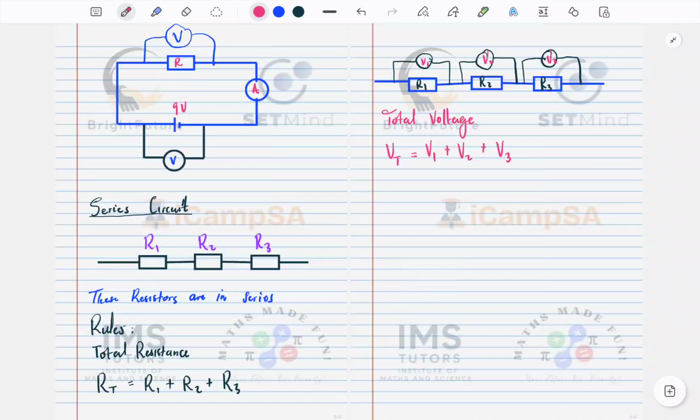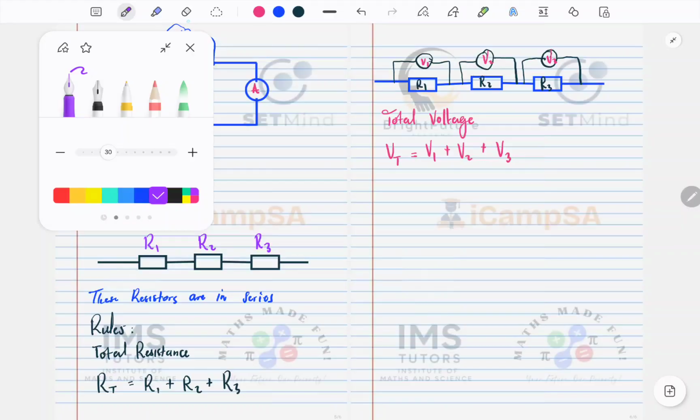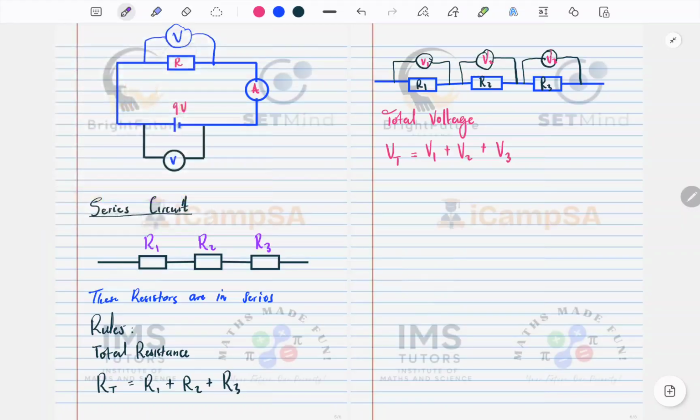Okay, and then we have something called current. So now, how do we then represent our current in this series circuit? So our current in this case would be I total, but current is special in a series circuit. It's going to be I1 equal to I2 equal to I3.